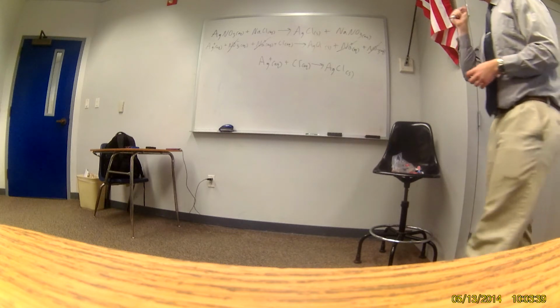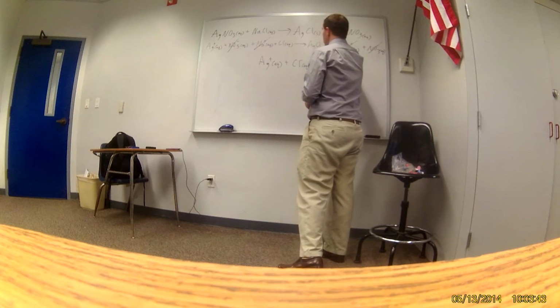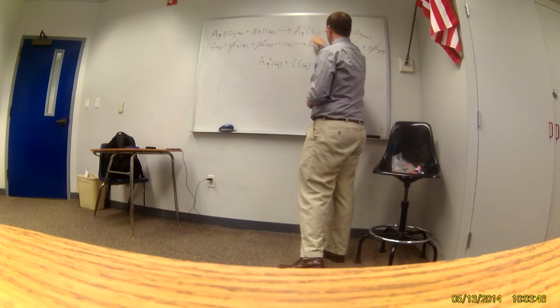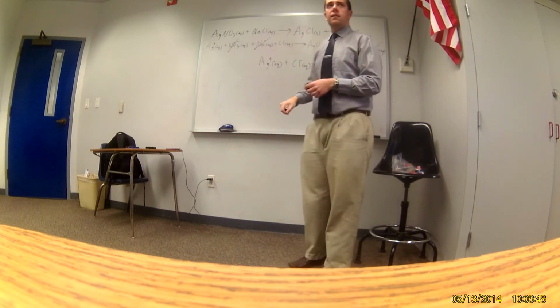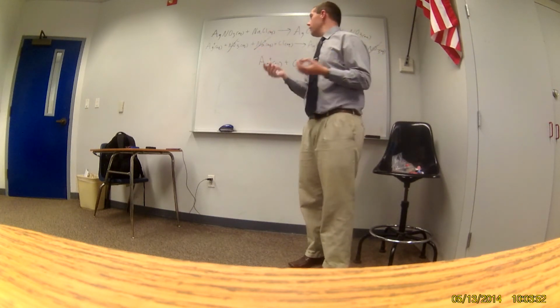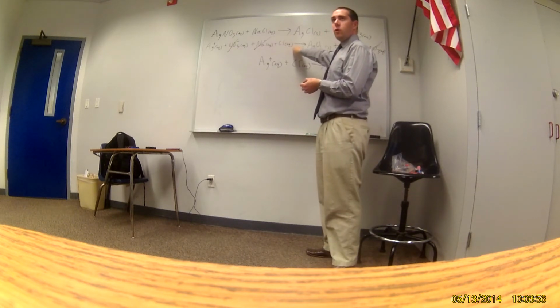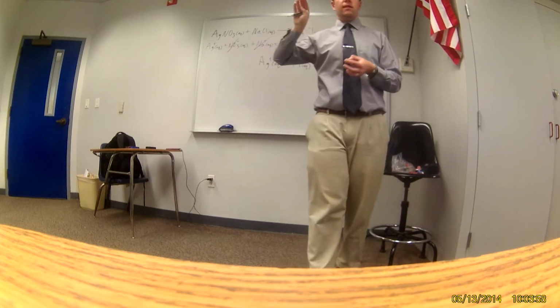So if you're comfortable enough with this, to look at that and say, well, my precipitate is silver chloride, so it must be silver plus chloride, that's fine as long as the question doesn't ask you to really write the total ionic equation out. Okay?